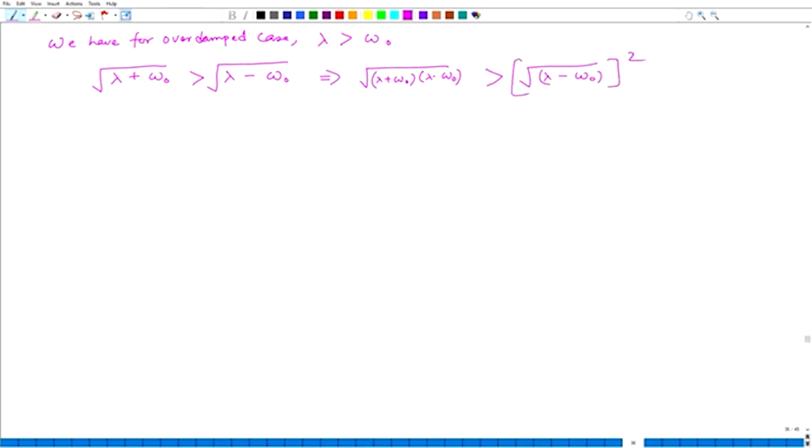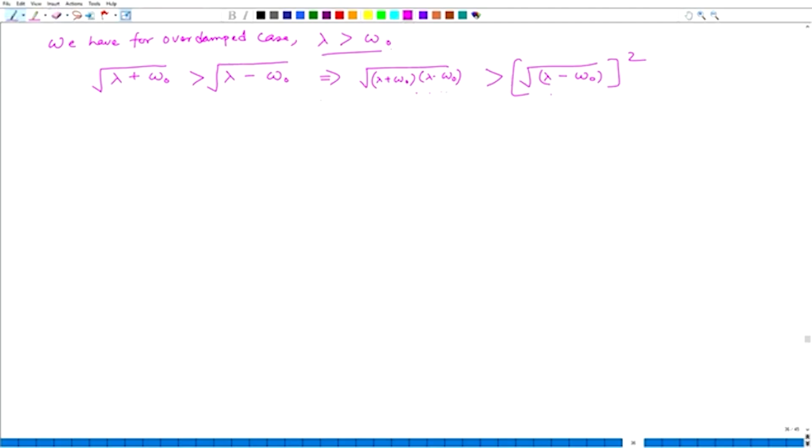Now, you see the sign here does not change only because lambda is greater than omega 0, and so you are actually multiplying both sides by a quantity which is positive. Okay.